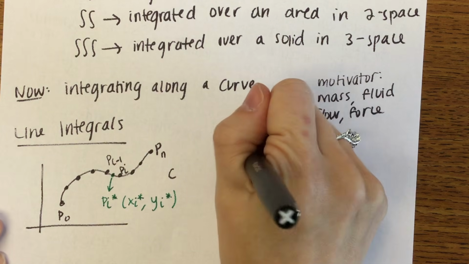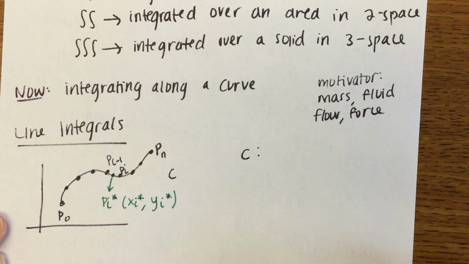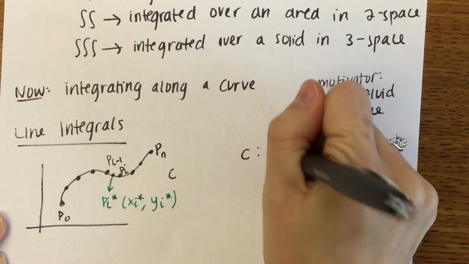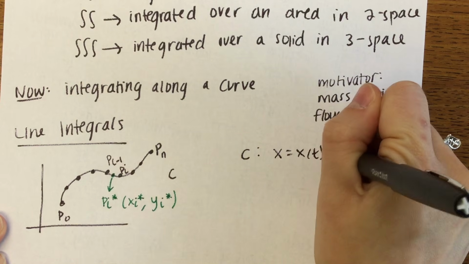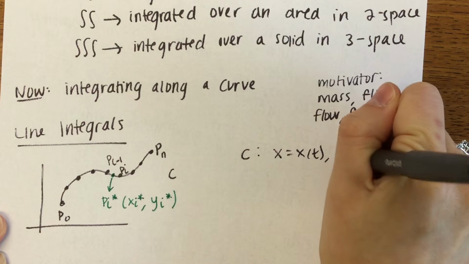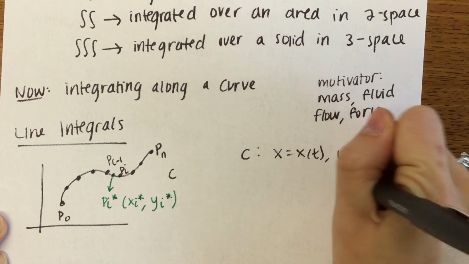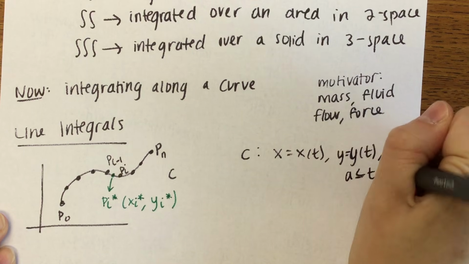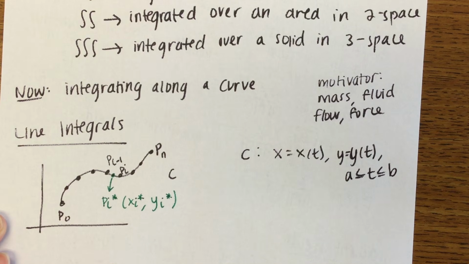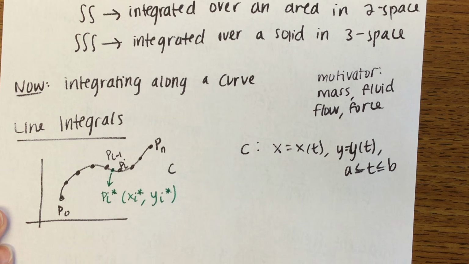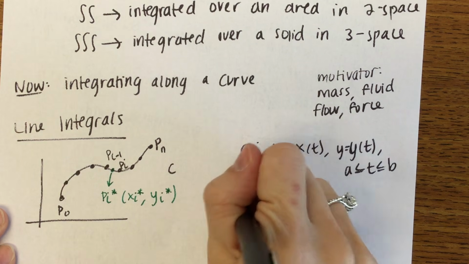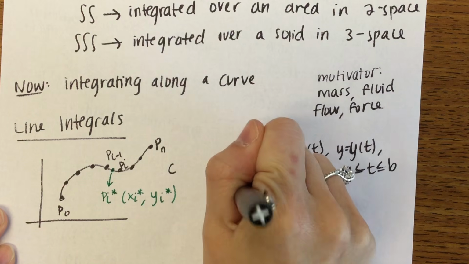Okay, so that curve C, we're going to define parametrically. So x is going to be some function of t, y is going to be some function of t, and we're going to say that t is from a to b. So then if we want to calculate the line integral, we're going to be summing up from i equals 1 to n.